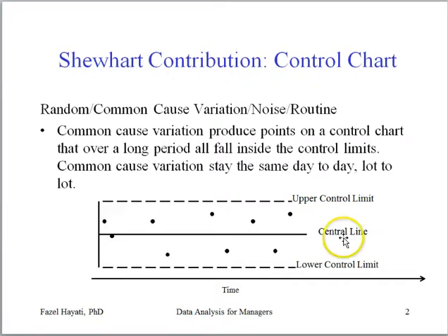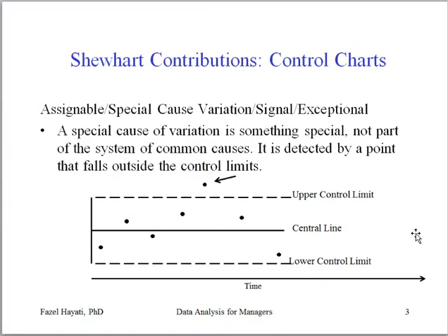What that indicates is that these points within upper and lower control limits are produced by the same system of causes. Nothing special, nothing unusual has occurred. The assignable or special cause variation, sometimes referred to as signal or exceptional variation, is something special, not a part of the system of common causes.